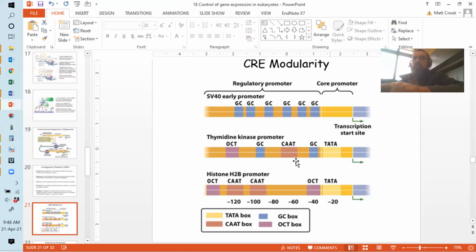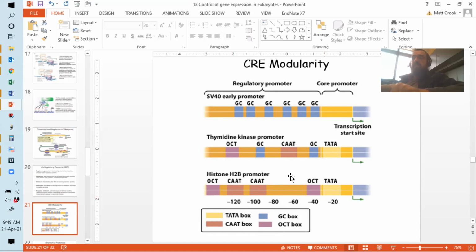So this one, for example, may be more context specific. Histones, you're always going to need histones, but you need more of them during DNA replication. So you may have a different expression profile from this combination than you would from this one.